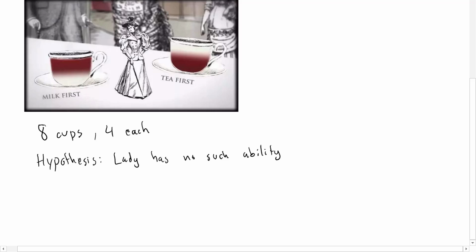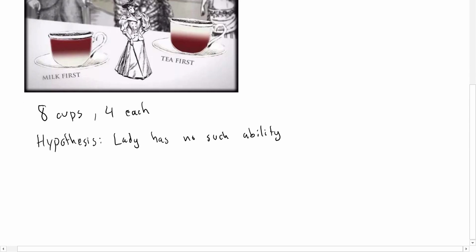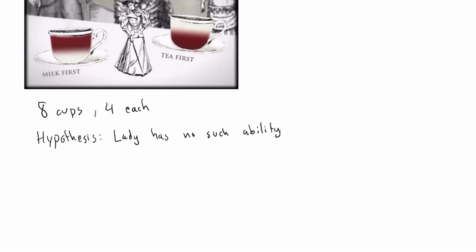You can actually prove using combinatorics that if you have 8 cups like this and you randomly pick 4 and say that these 4 are the ones where you poured the milk first, for example, then you might get lucky. Just by pure chance, you might actually pick out the 4 correct cups.